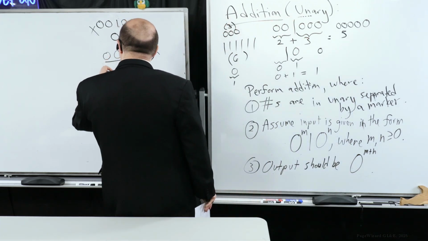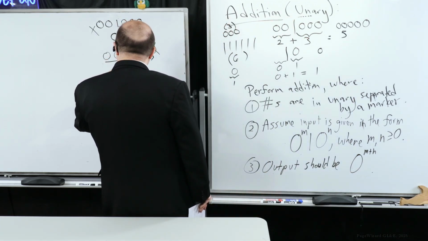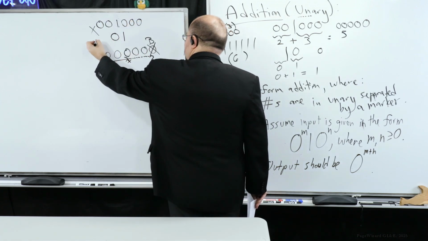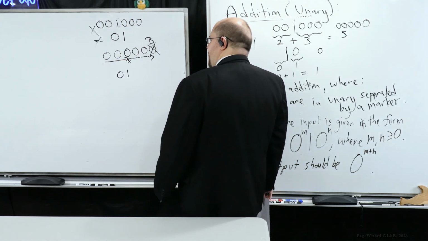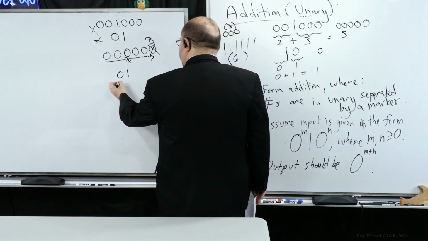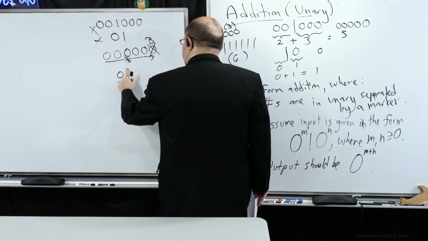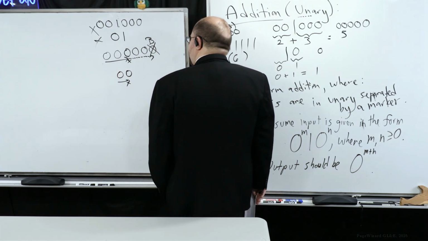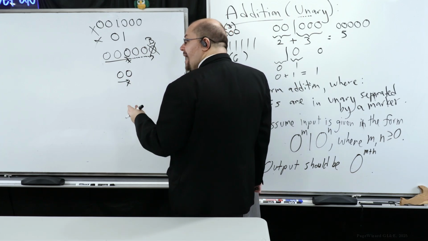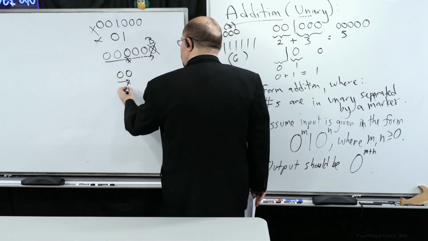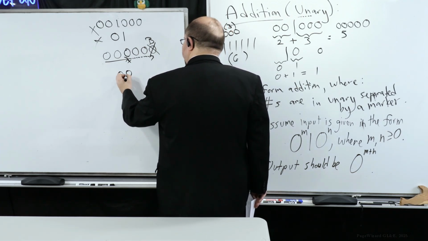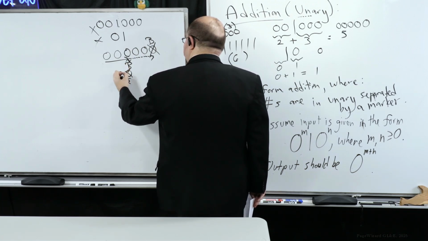Well, how about we look at, for example, the one we had over here that didn't work. Okay, I'm going to locate the 1. I change the 1 to a 0. And then I'm going to look for the last occurring 0. Notice that I'm at the last occurring 0, so I'm going to turn that into a blank.